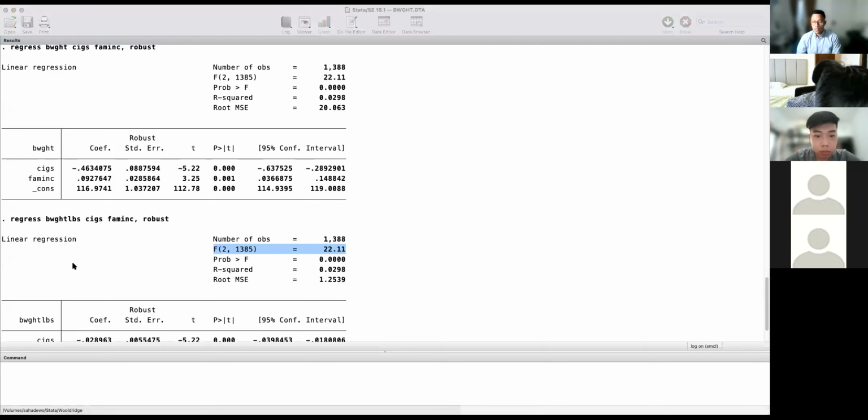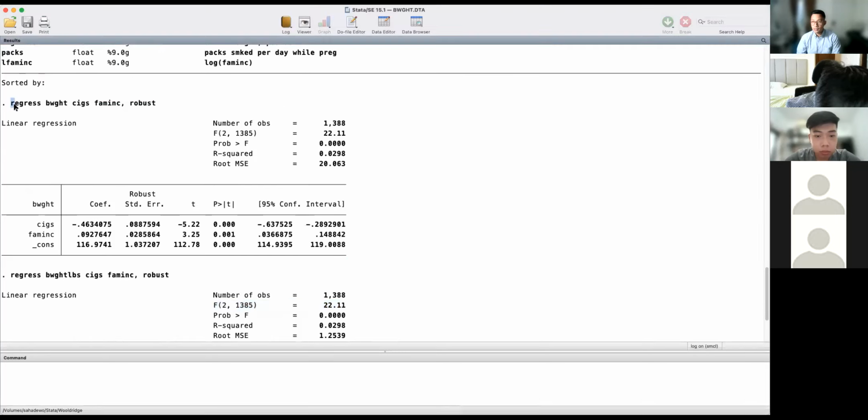Okay, again, I'm going to quickly go back to Stata to provide you with an illustration of the rescaling. Recall that in the first regression, we regressed birth weight on the number of cigarettes smoked and family income.